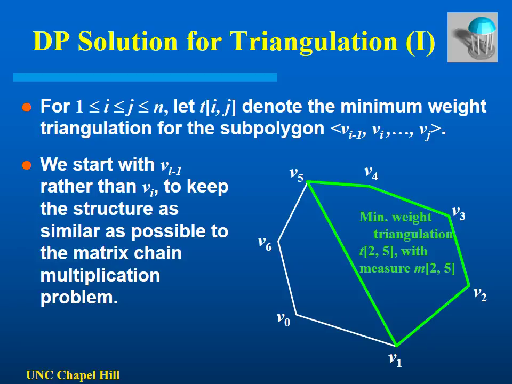For example, the subpolygon marked in color, which we're calling the subpolygon that is indicated by the indices 2 to 5 and thus involves vertices 1 through 5. We want the minimum weight triangulation of that, and we'll be able to do the same with the other subpolygon. That's the complement of this one.